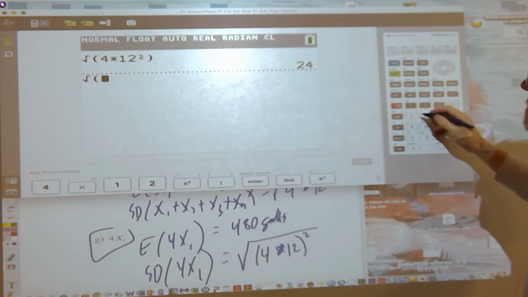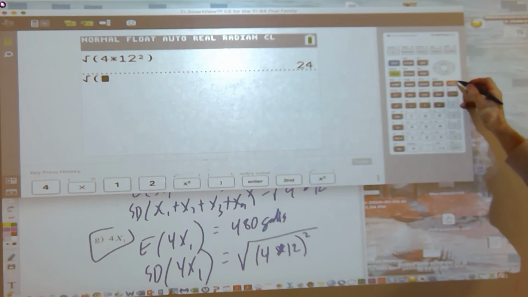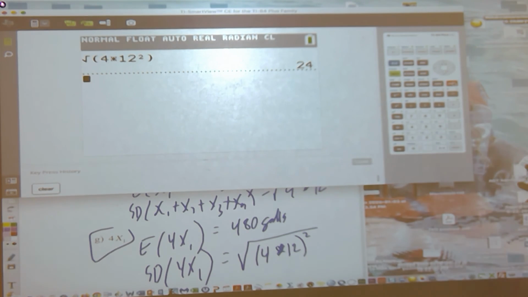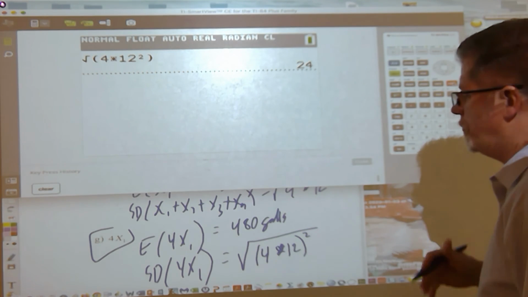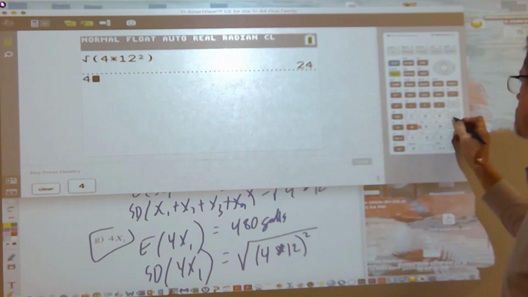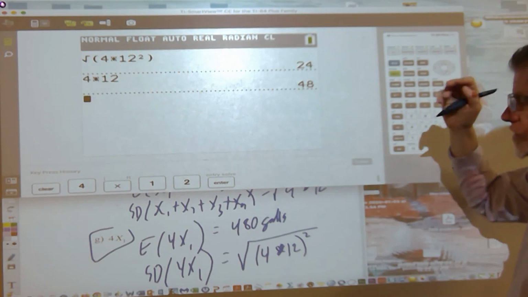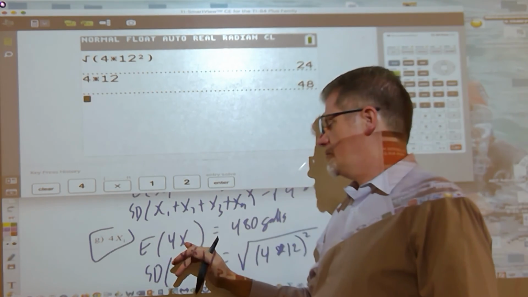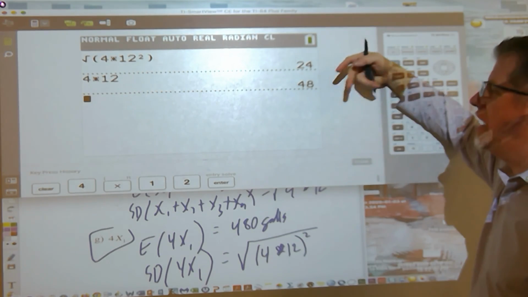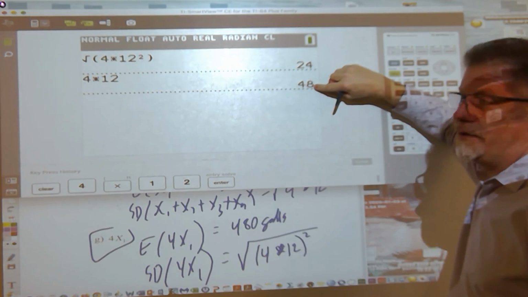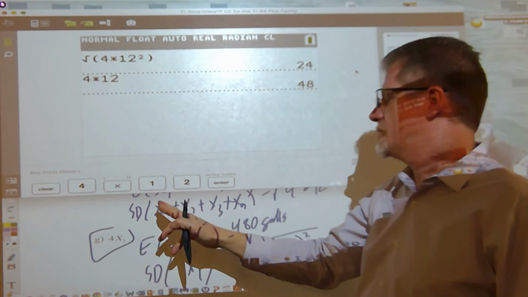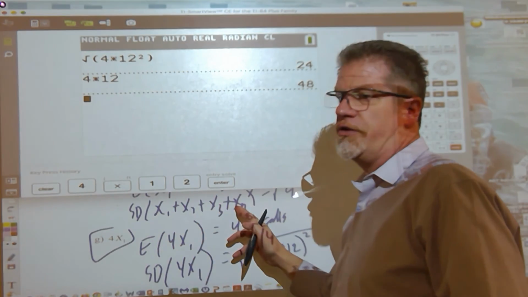Did you get 24 and 40? Yeah. When you take the square root of something squared, 4 squared and 12 squared, that's just gonna be 4 times 12. Now, notice why this makes sense. When you yogurtize 1 scoop of yogurt by a factor of 4, you have a lot more variability than if you have a situation where there's overfill, underfill, underfill, overfill.